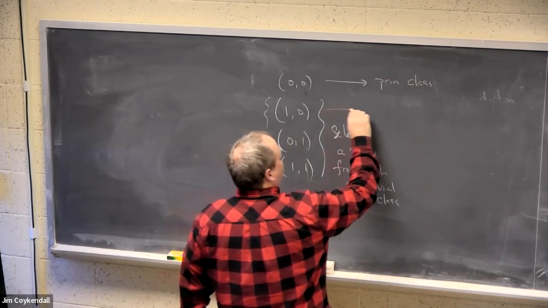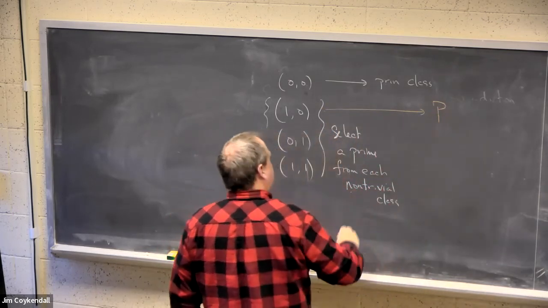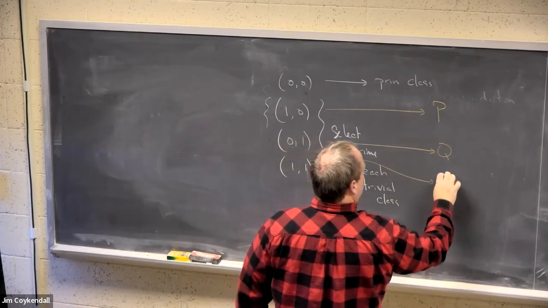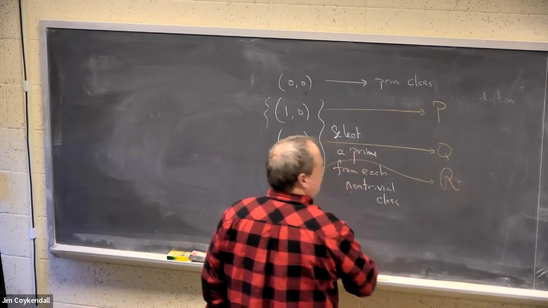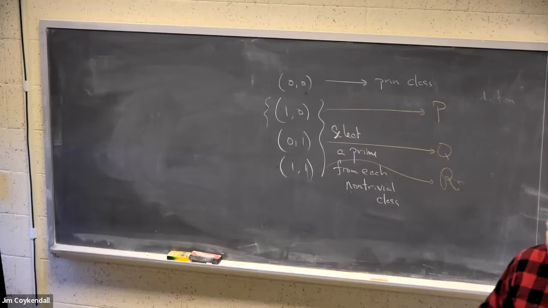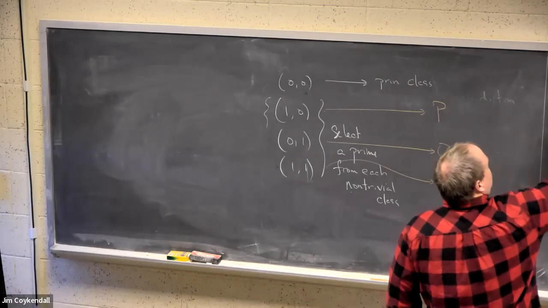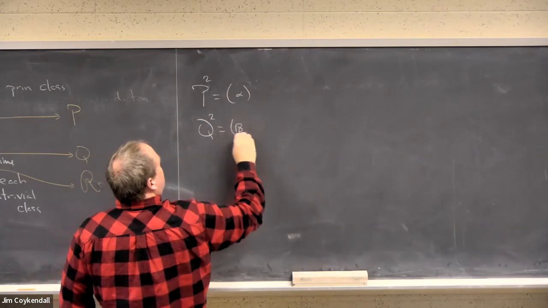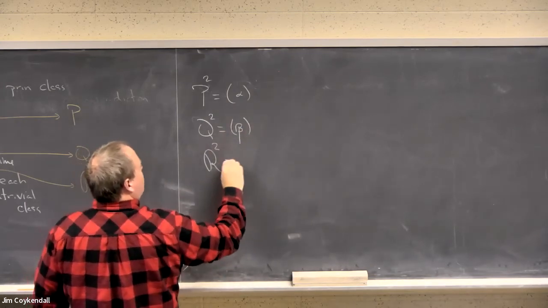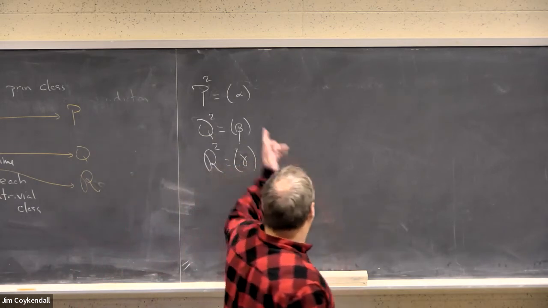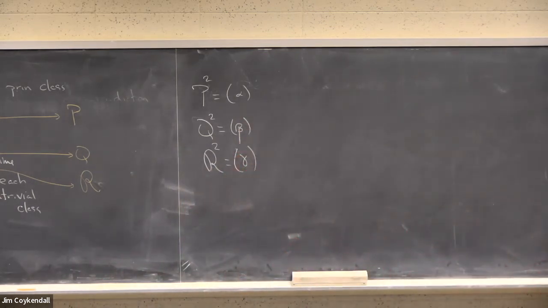So we'll call these P, Q, and R. Now notice that, and this is a very similar argument to what we've done before, let's say P squared, Q squared, and R squared are generated by alpha, beta, and gamma. What do you suppose is true about these three generators, alpha, beta, and gamma?